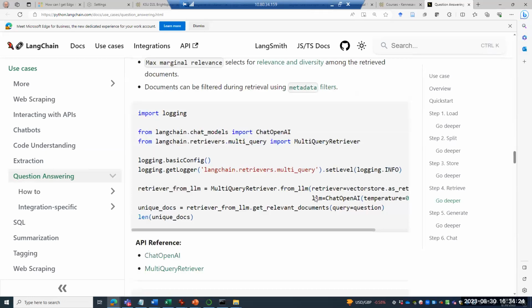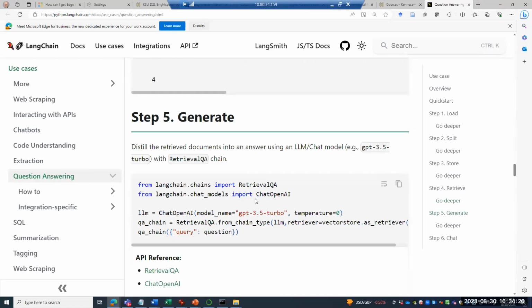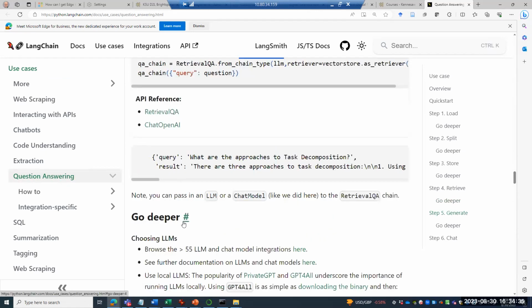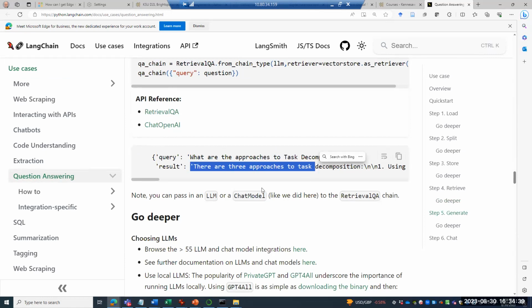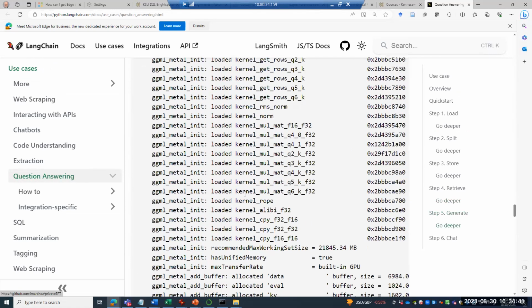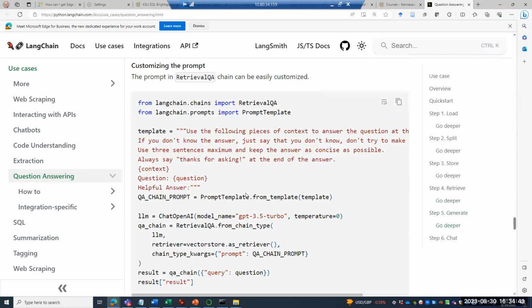So this is the generate part. It uses GPT 3.5 turbo. So this is the query, and then it's going to generate an answer for you like this.